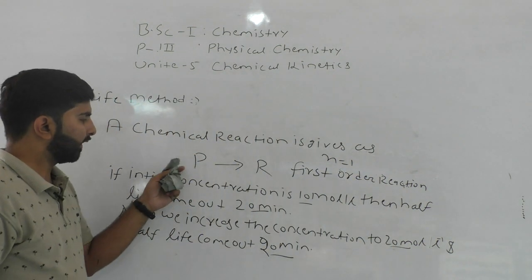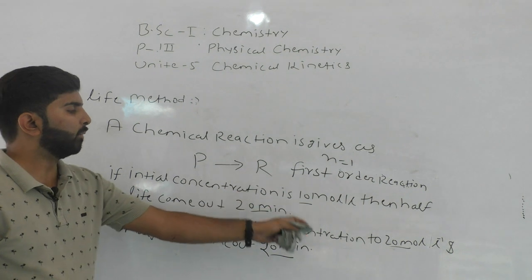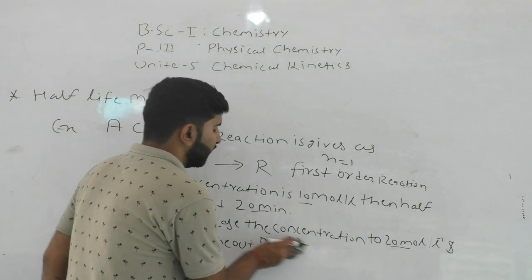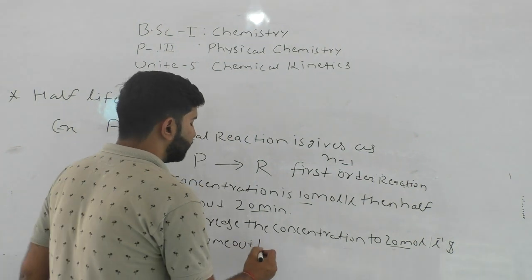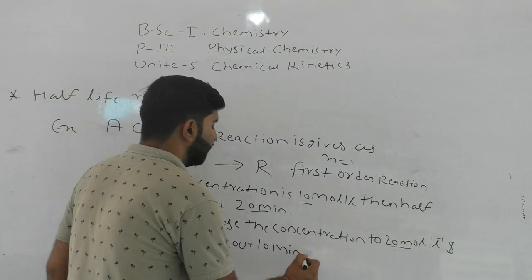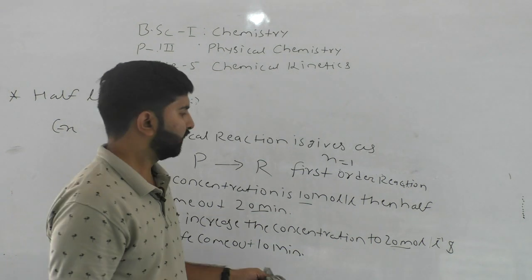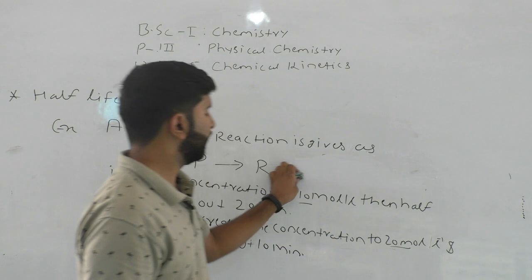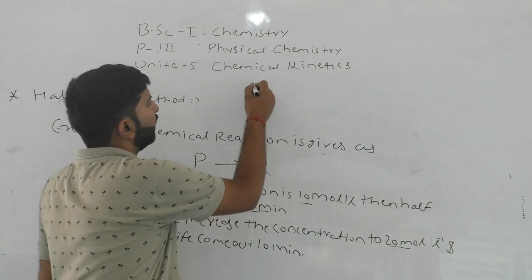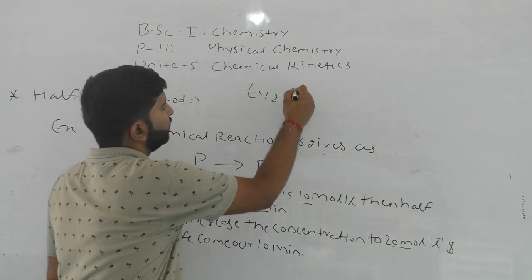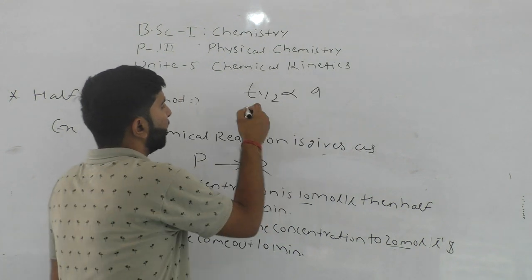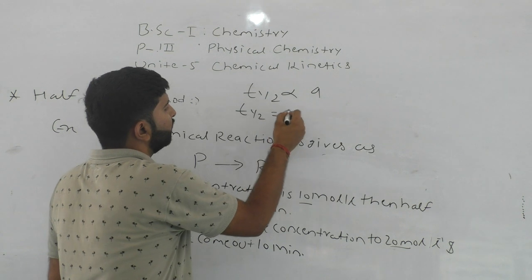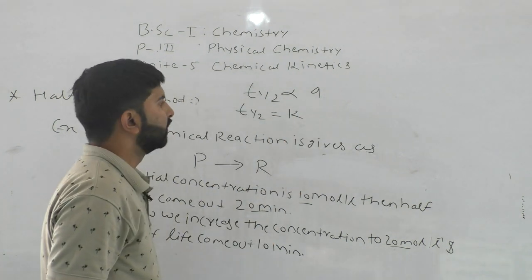Now again in this example, if we double the initial concentration of the reactant and the half life comes out equal to 10 minutes, means it is reduced to half, then we say that this reaction is a second order reaction. Because in a zero order reaction, t half is directly proportional to A. In a first order reaction, t half is a constant value.